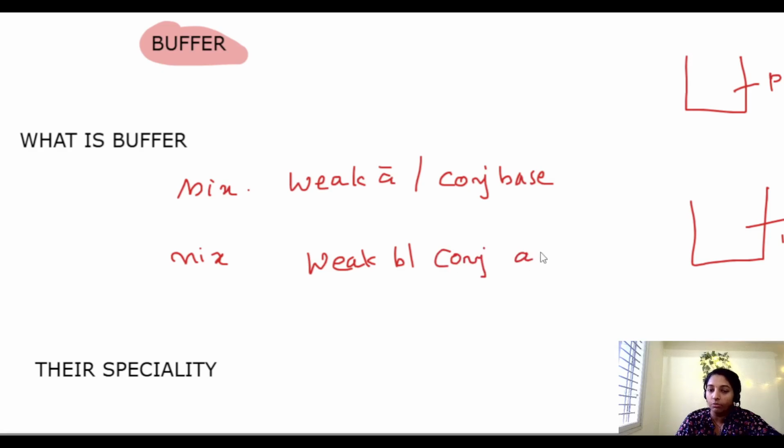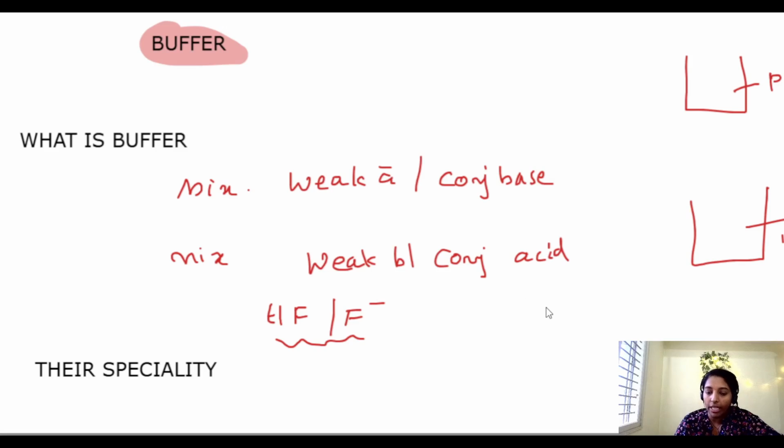So both kinds of buffers are available: acidic buffers and basic buffers. Clear? For example, if you are taking an acid like HF, which is the conjugate base of HF? Conjugate base means you just remove one H plus, correct? So the resulting species is F minus. So a mixture of HF and F minus behaves like a buffer, right?